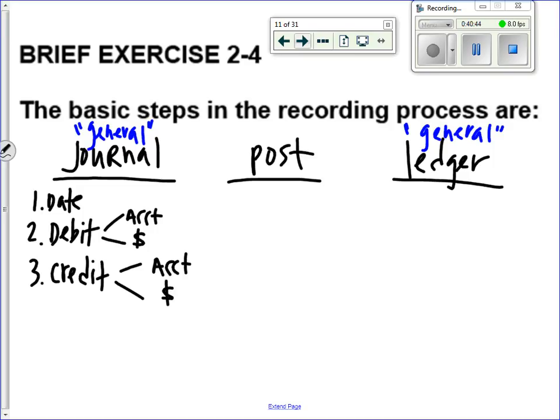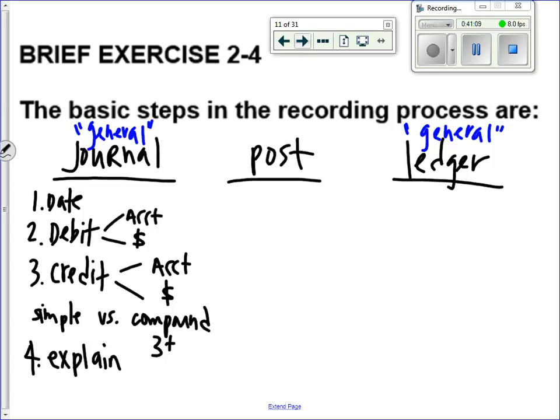That process is simple versus compound. And we didn't do any compound today, but I explained it. Compound is 3+ accounts. 1 debit, 2 credits, 1 credit, 2 debits. Then we are going to explain what just happened on the line. Sometimes they'll say you can omit the explanations. And the last thing we'll do is put something in the post reference column.